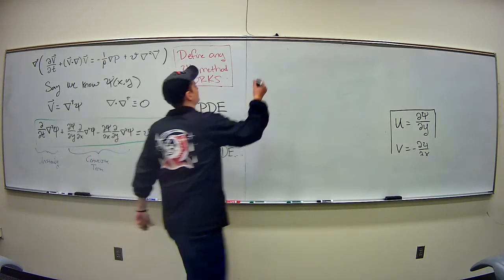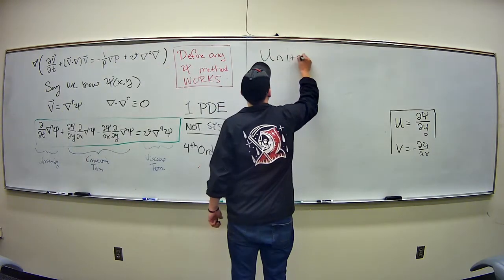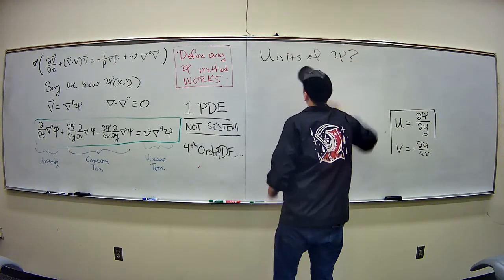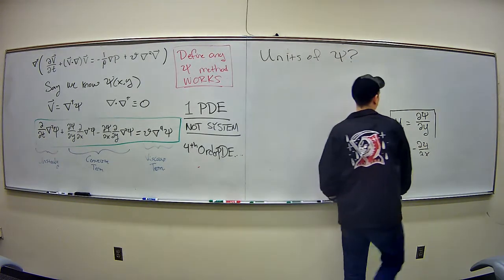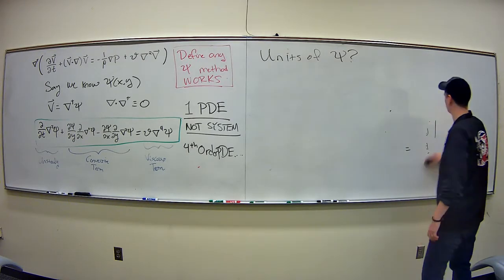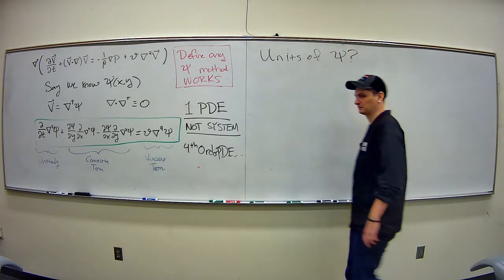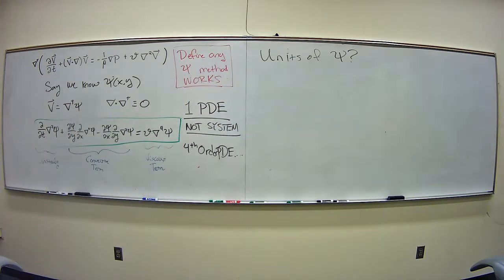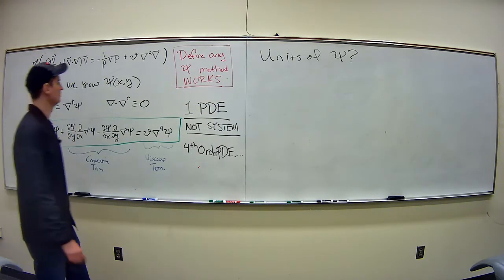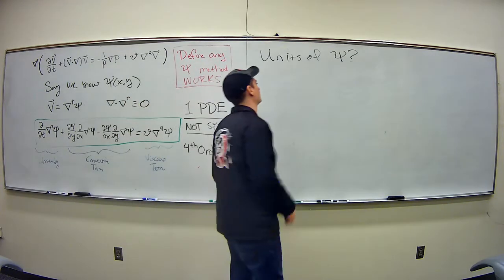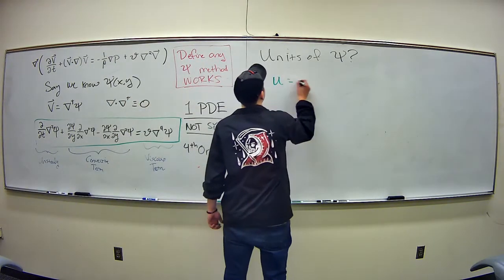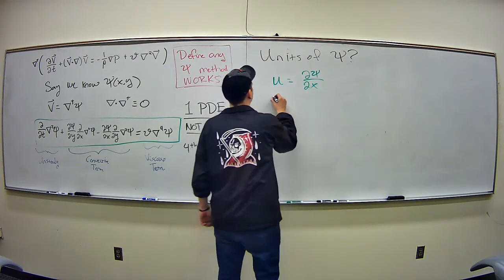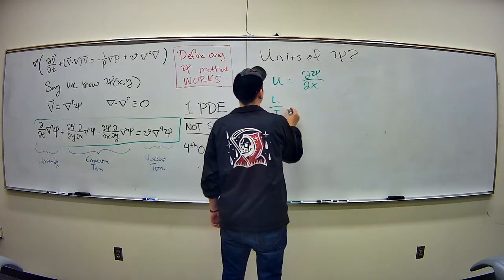Another thing, what are the units of psi? You can see we've gone through and looked at what this psi function is, but what are the units of it? I mean, it's not that hard to do. If you just take one of these equations, okay, so this is right. This has length over time.